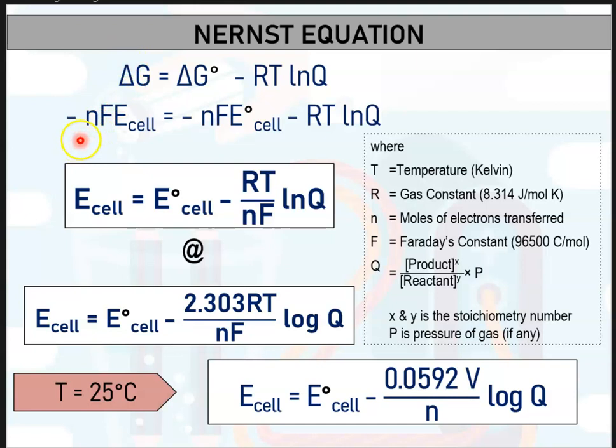So delta G is equal to negative nFE cell. So delta G naught is equal to negative nFE naught cell.